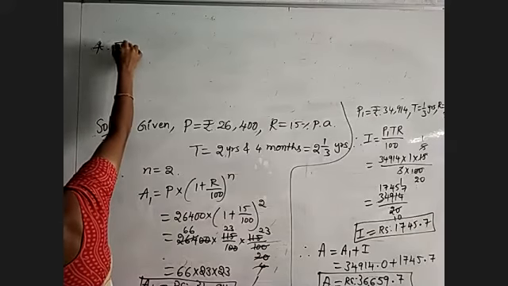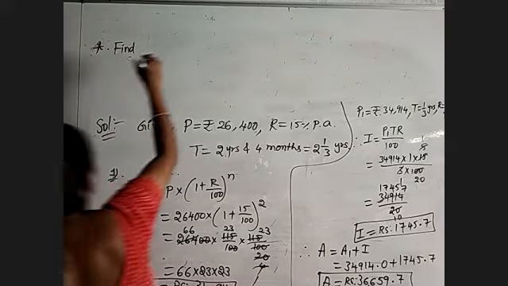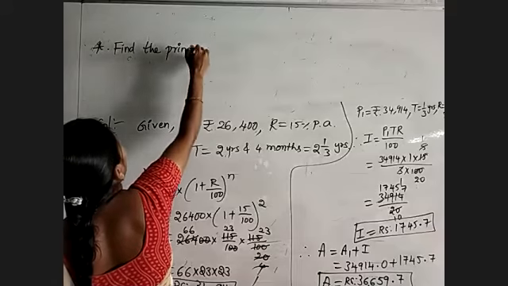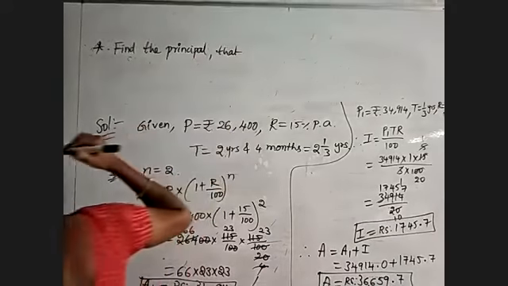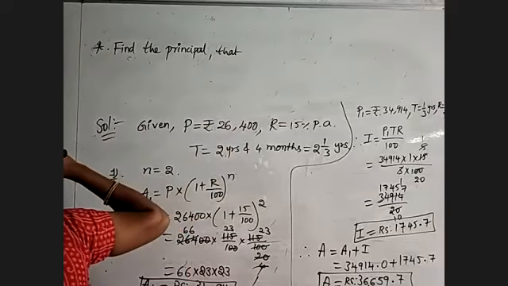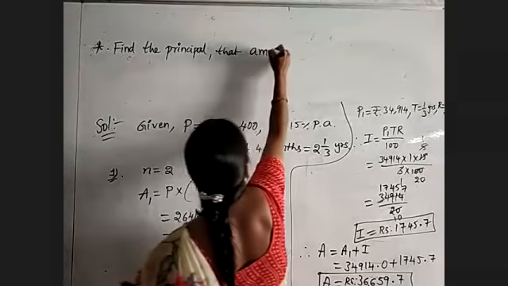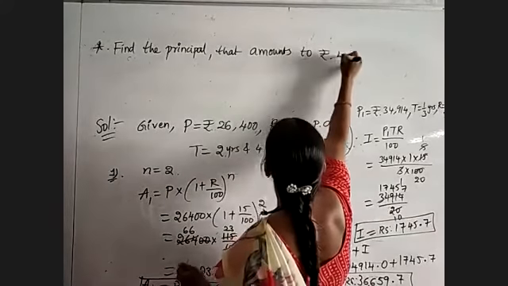Find the principal that amounts to 4,000.